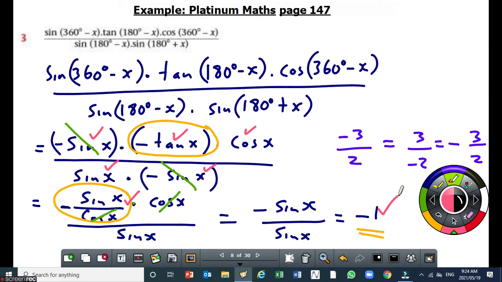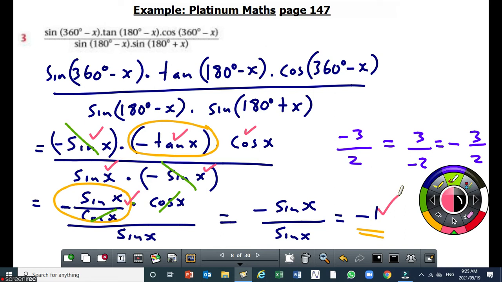You also get a mark for converting tan to sine over cos. You might have a problem with the final answer, but at least get about 5 marks for the whole question. Now, when you see these questions, don't get scared. First, know your reduction formula and your algebra.